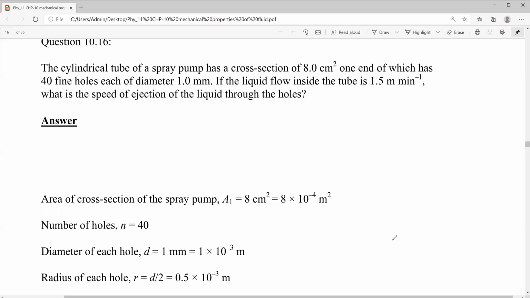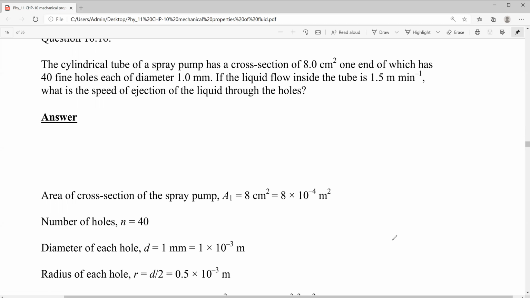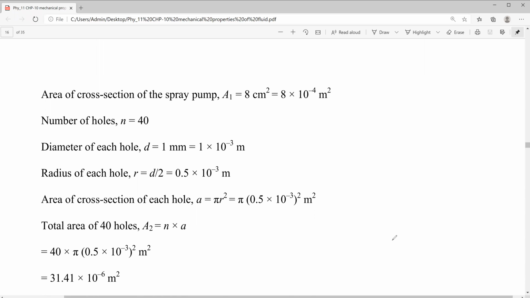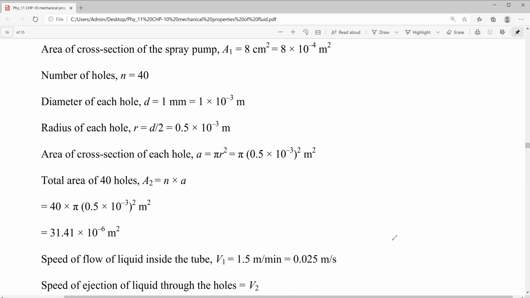So first, what they have given. From the question, the area of cross section A1 is equal to 8 centimeters square, and we converted it in terms of meter. The number of holes is 40. The diameter of the hole they have given is 1 millimeter, and that is converted in terms of meter. So read the question, and after understanding, we are able to write the given data.